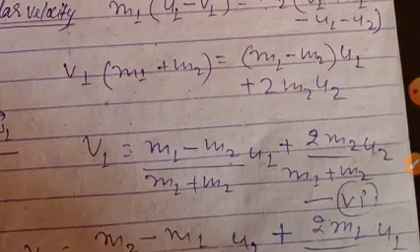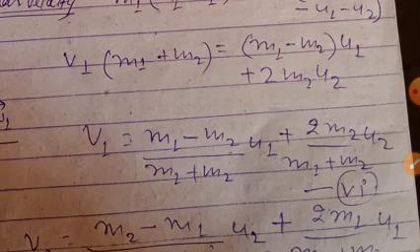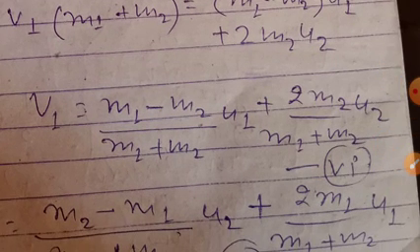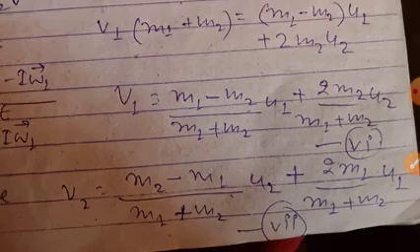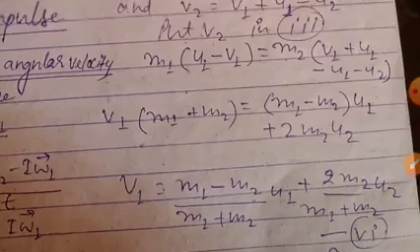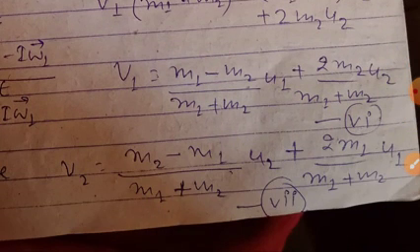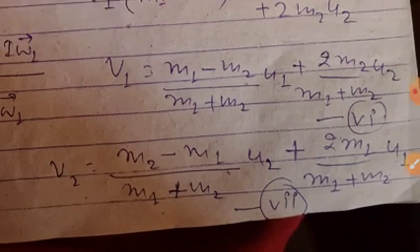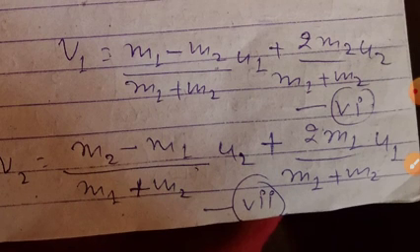Now our final velocity v1 will be (m1 minus m2) upon (m1 plus m2) u1 plus 2 m2 upon (m1 plus m2) u2. This is equation 6. In the same way we can write for v2: (m2 minus m1) upon (m1 plus m2) u2 plus 2 m1 upon (m1 plus m2) u1.